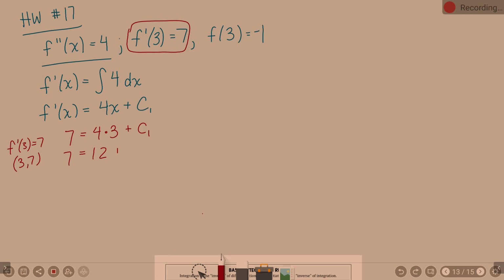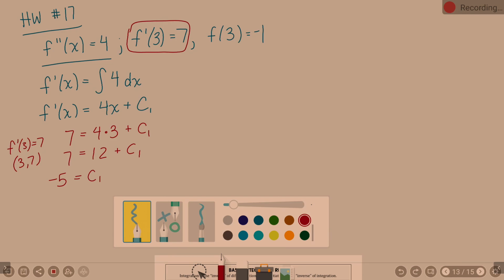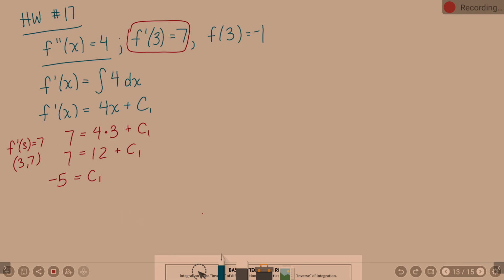So we're going to find that C1 is negative 5. If C1 is negative 5, then what do we officially know about f prime of x? It was 4x plus C1, so it is now 4x minus 5.